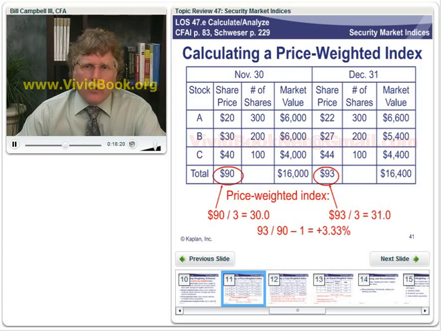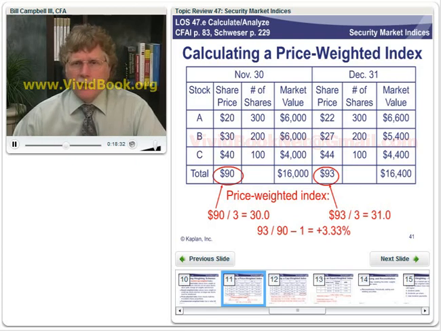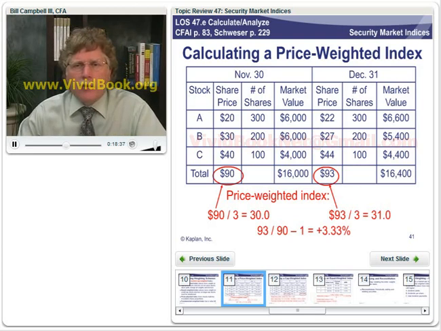So 31 divided by 30 minus 1, which is the same as 93 divided by 90 minus 1, that's an increase of 3.33%. So if our initial index value were 100, our new index value would be 103.33.